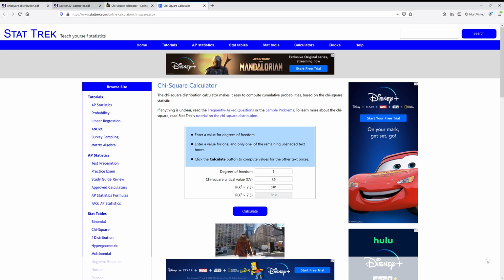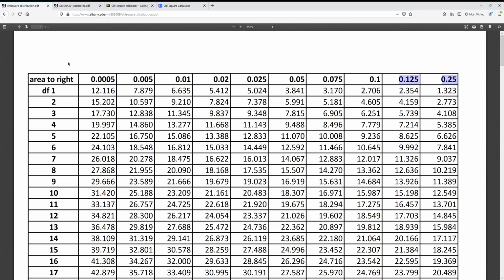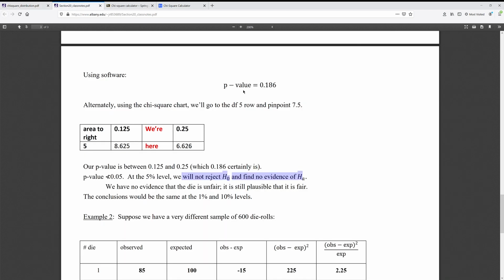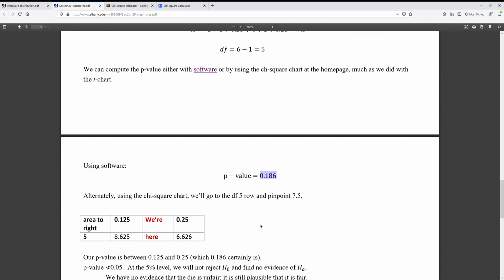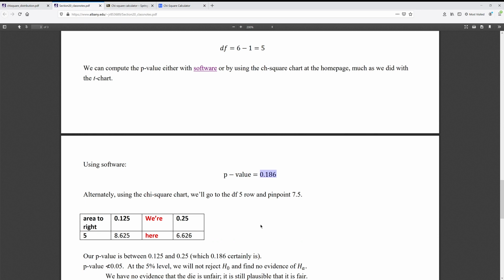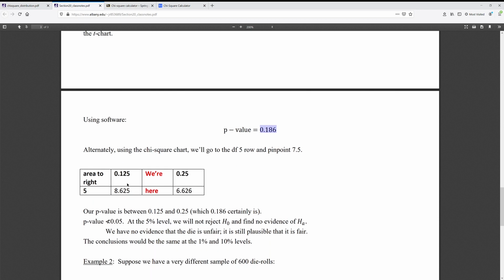This particular calculator doesn't give me the 3 decimal places that the one that I used here did, but yeah, it's about 0.186. This particular chi-square calculator is calling it 0.19, which is probably good enough for our purposes. So if I track down any chi-square calculators that are a little bit more accurate, I can put those up as alternate resources, just in case 2 decimal places isn't enough.